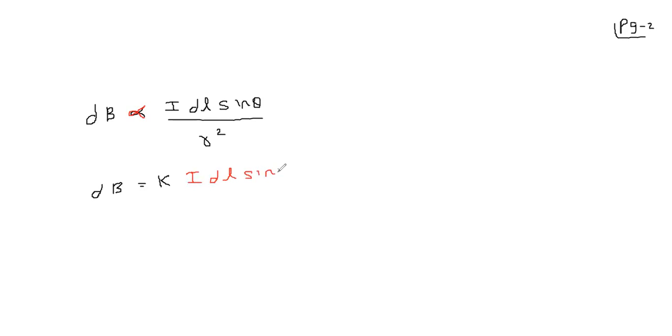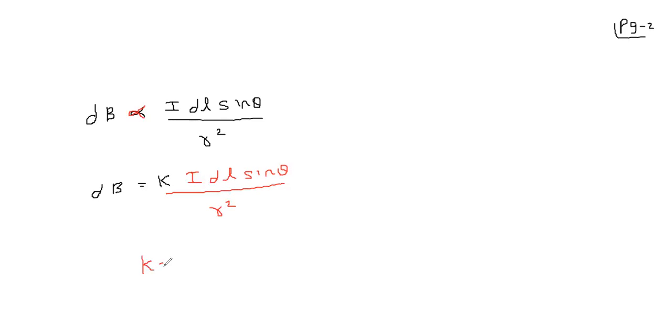So join all the 4. dB depends on I dl sin theta by r square. So dB is equal to constant k. எப்பவுமே இந்த proportionality constant இருக்கும்போது constant k போடுவாங்க. Constant k into I dl sin theta by r square.